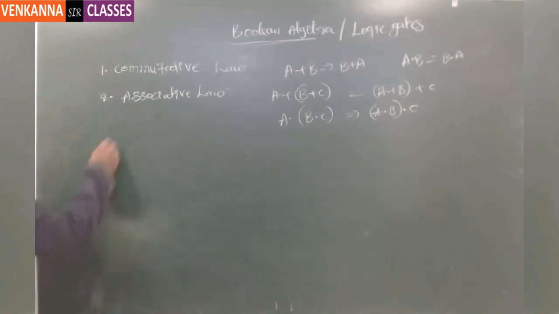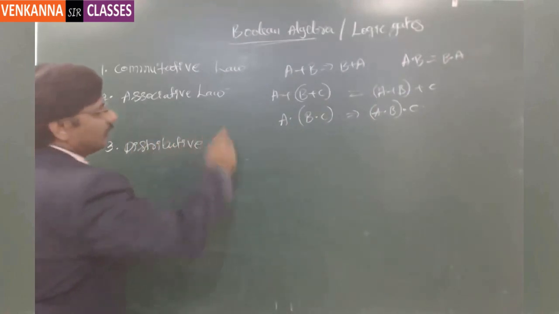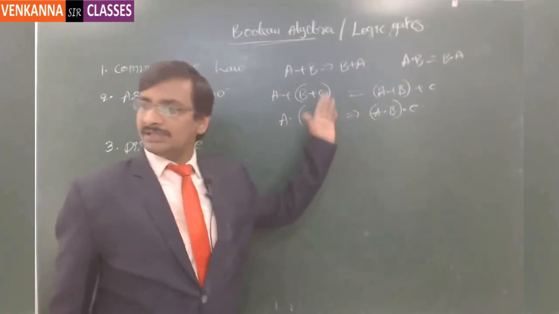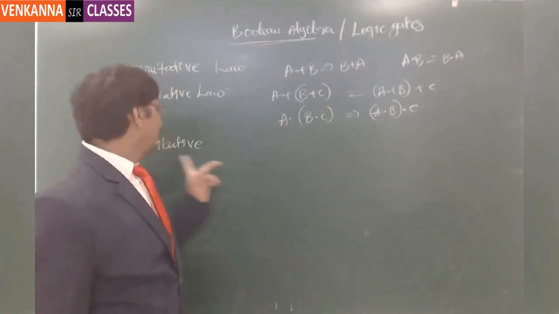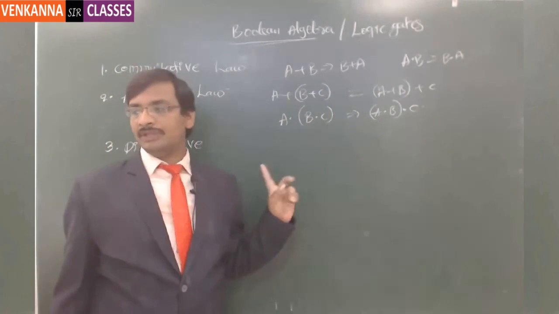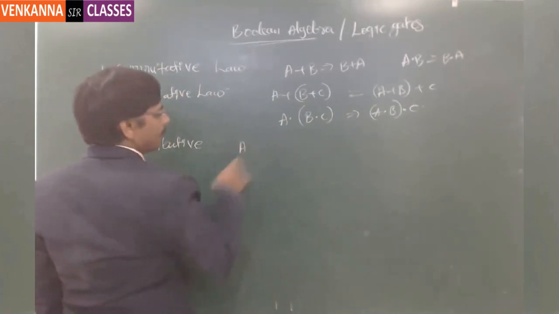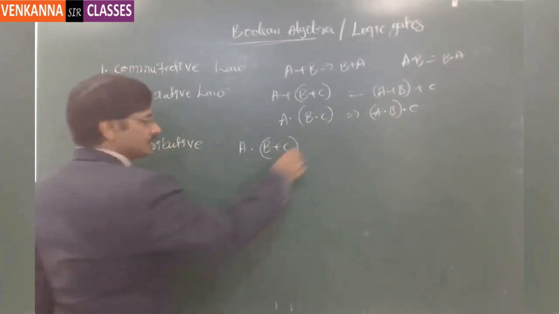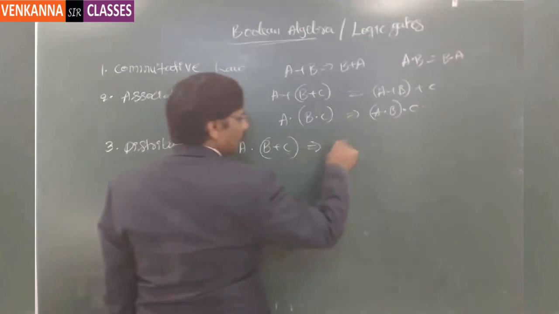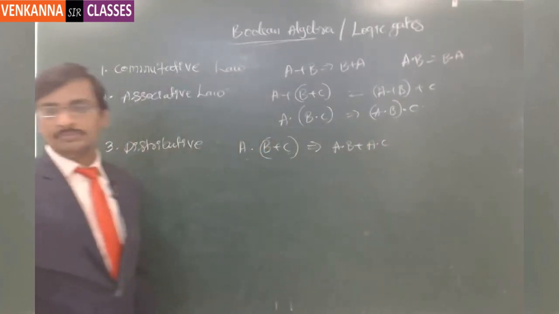And then the distributive law. All these are the basic algebra of arithmetic, and the same rules hold good even for Boolean algebra. But in case of the distributive law, there is a little difference. We know that a dot b plus c can be written as a dot b plus a dot c. This is the distributive law.